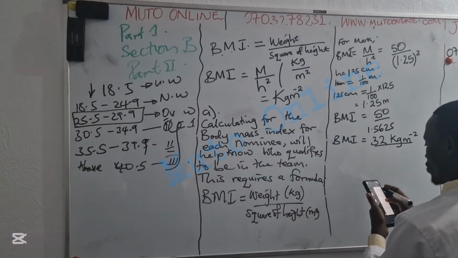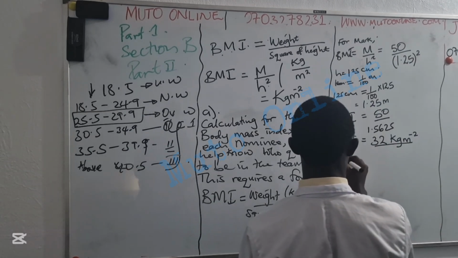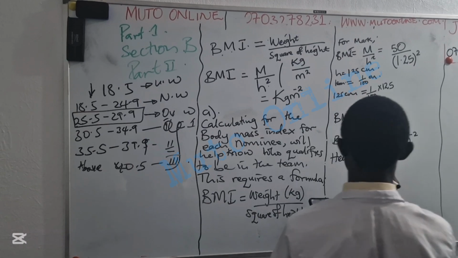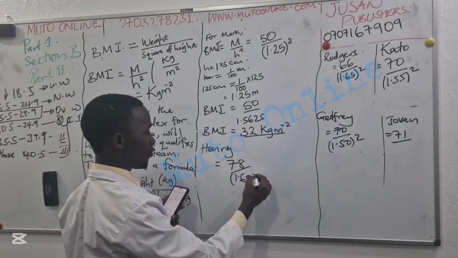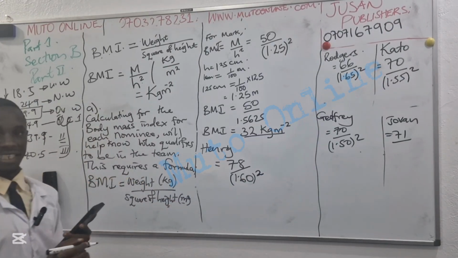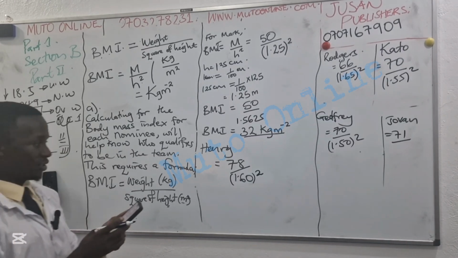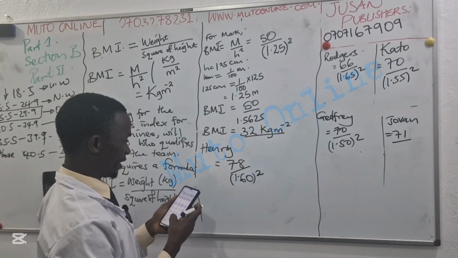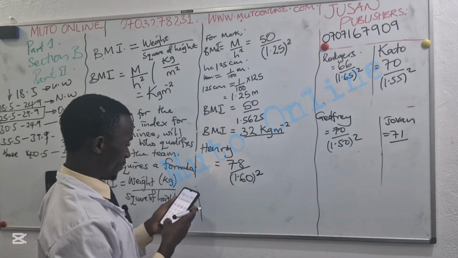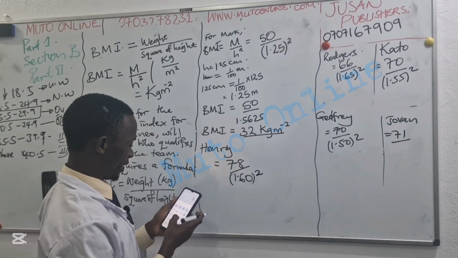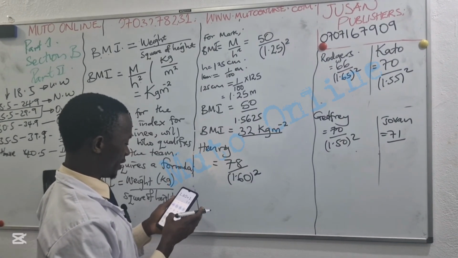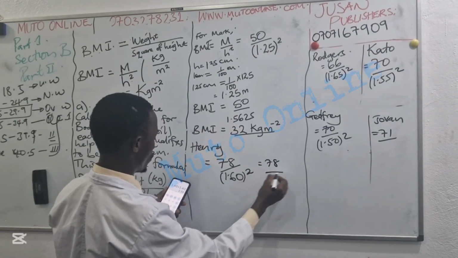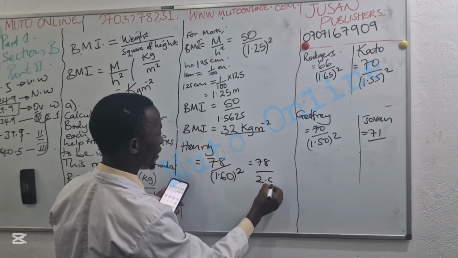We go to the second person. That was Henry. The BMI of Henry will be, don't forget, we use the square of the heights. So the square of 1.60, 1.60 times 1.60 is 2.56.